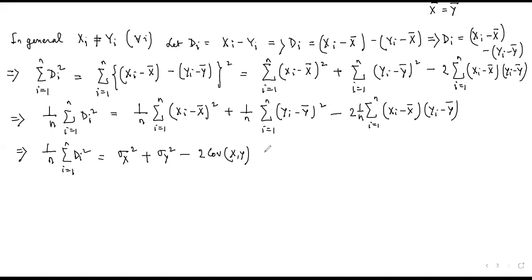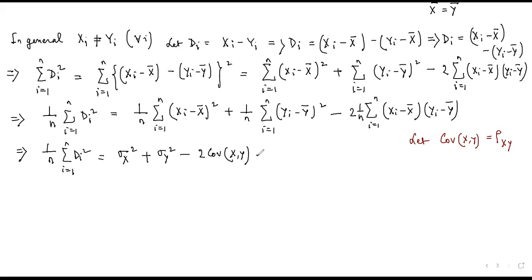Just carefully observe. For the expression covariance of xy, let us use a symbol now. Suppose the covariance of xy is given by the symbol rho xy. Just for simplicity I am doing this, because otherwise each time we have to write covariance xy. So I'm denoting this covariance xy by the symbol rho xy.